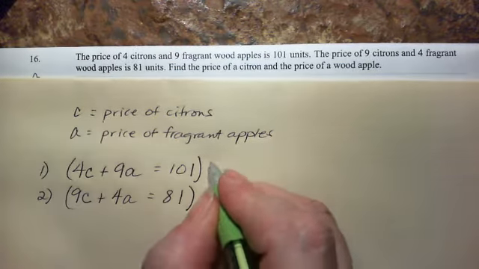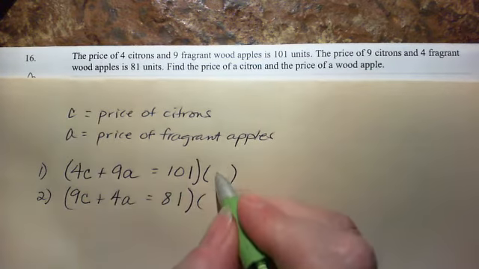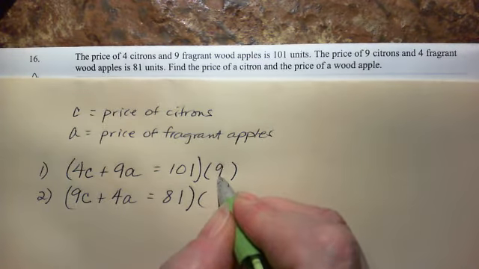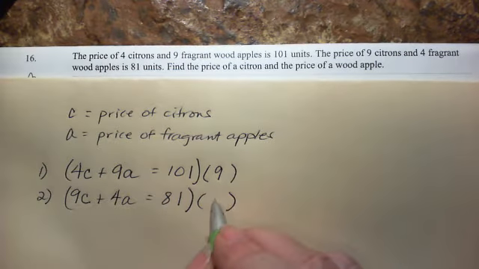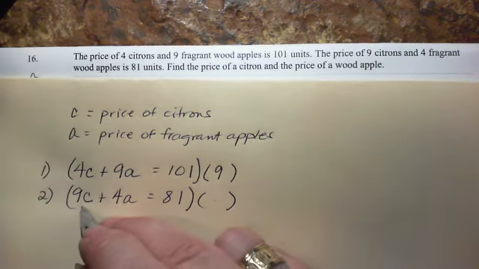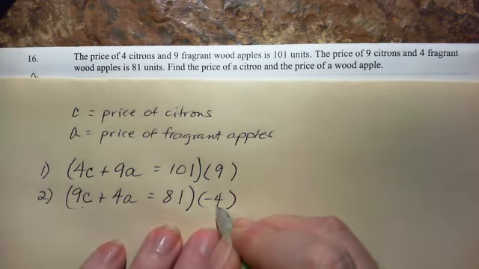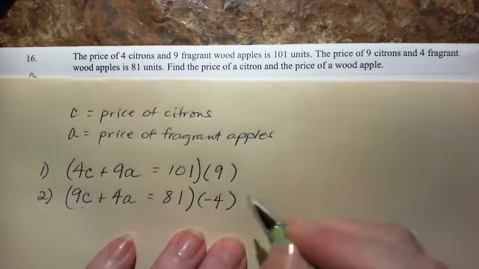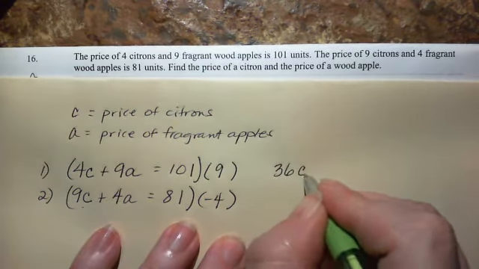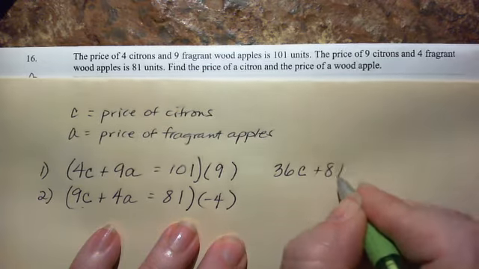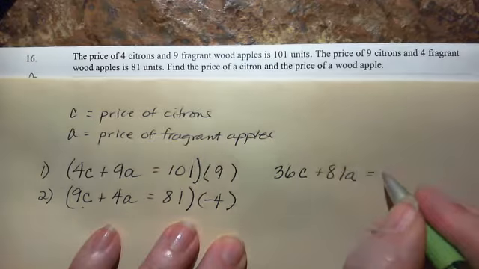So if we made one of these 36 and one negative 36, let's say we multiply this by positive 9, that gives us 36C, and this by negative 4 to get negative 36C. And let's rewrite equation 1. Equation 1 then becomes 36C plus 81A is equal to 909.